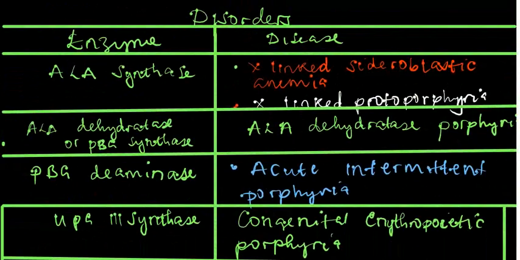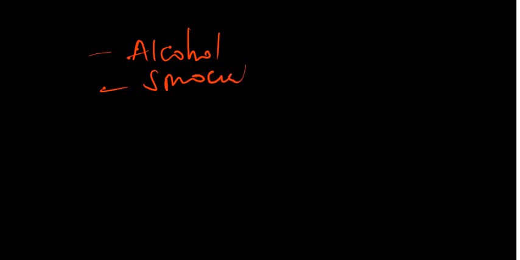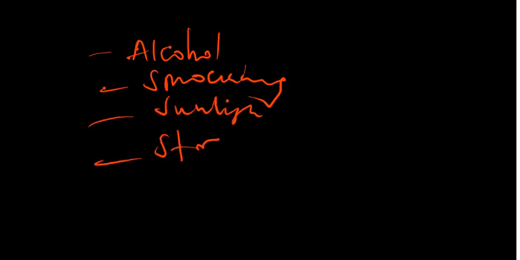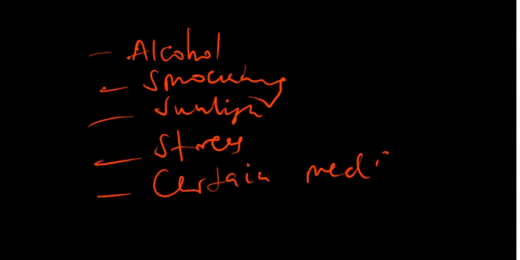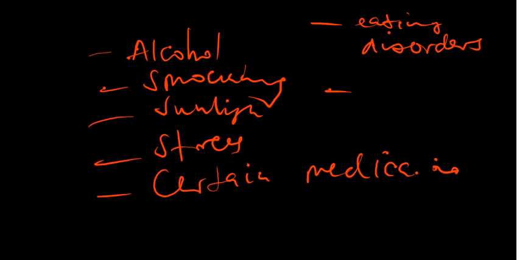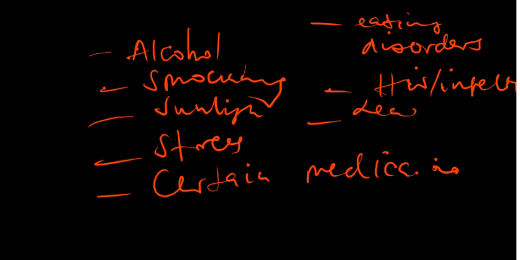Okay, so they are triggered by various factors. Some of the factors that you encounter are: one, alcohol, too much alcohol consumption; two, smoking; three, sunlight; four, stress; five, certain medications; six, some eating disorders; seven, HIV infection; eight, lead accumulation, and so on and so forth.